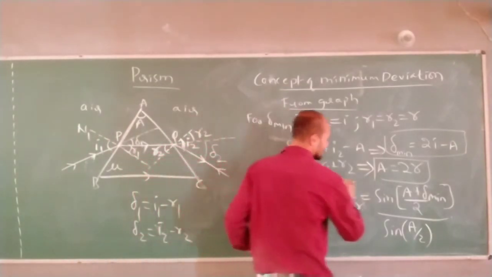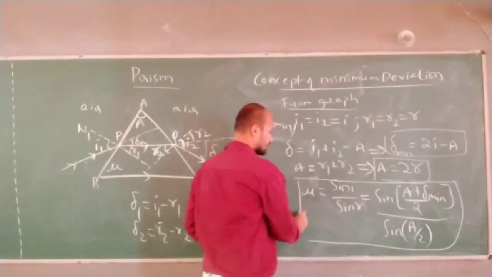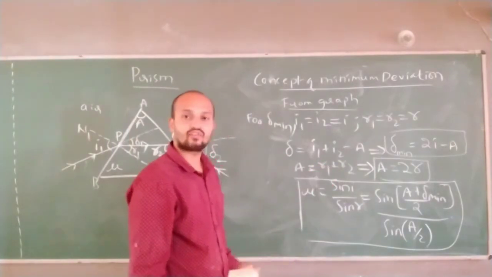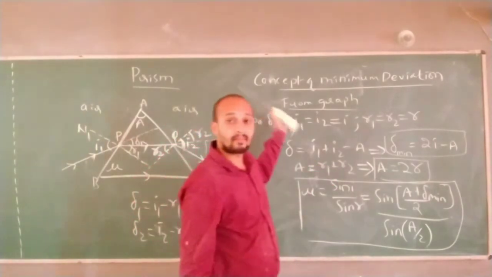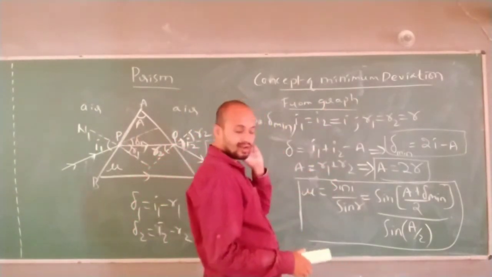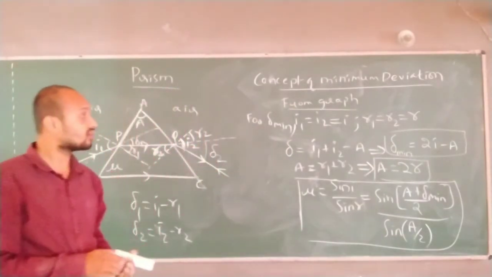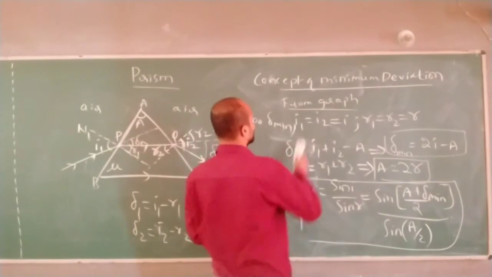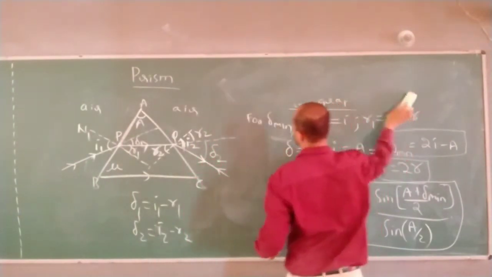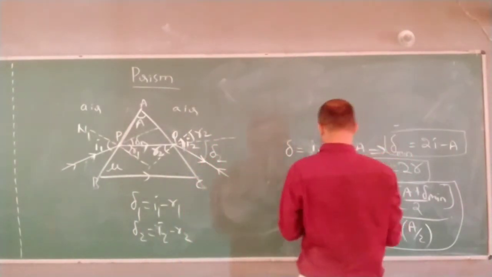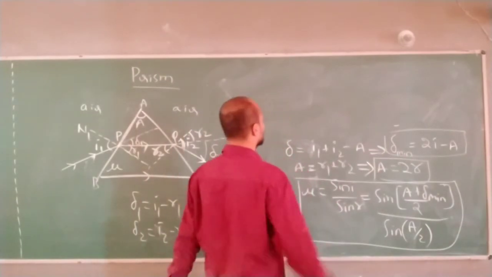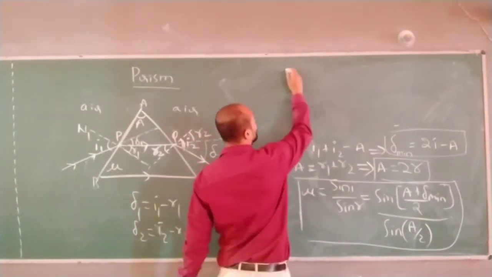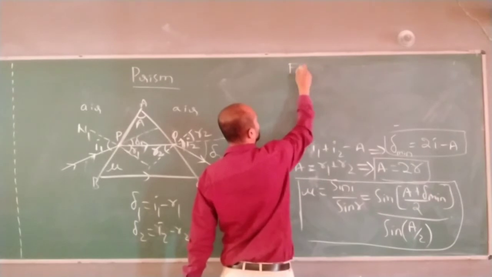This is one important relation to find the refractive index of the prism. It happens in the concept of minimum deviation. Still I can extend this. What if mu is for a thin prism?